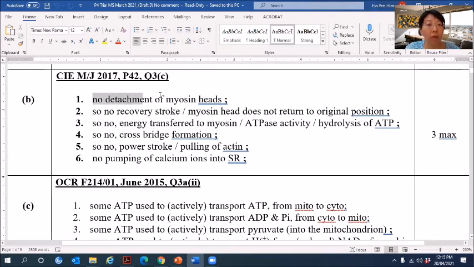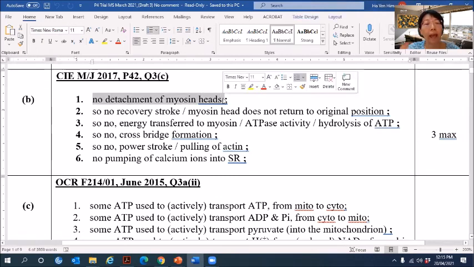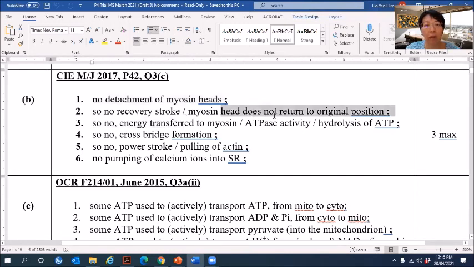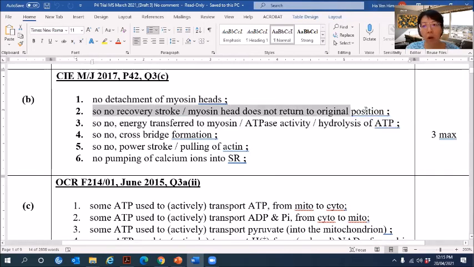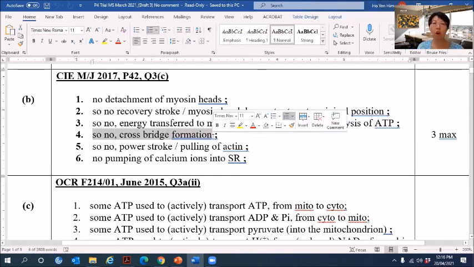When you don't have ATP, the myosin head cannot detach from the actin filament. That's number one. Because of that, there's also no ATP that can be hydrolyzed to release the energy. So the head cannot tilt back to its original position or recover. And because of that, there will be no myosin head that can bind to the actin to form a cross bridge.